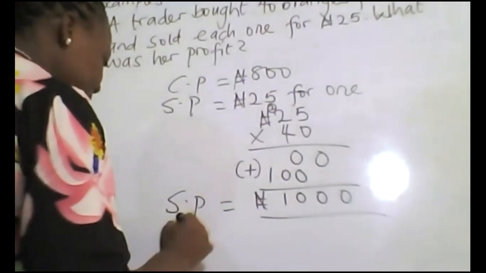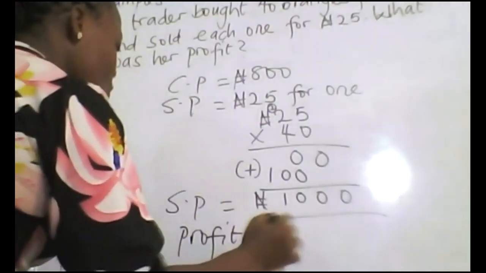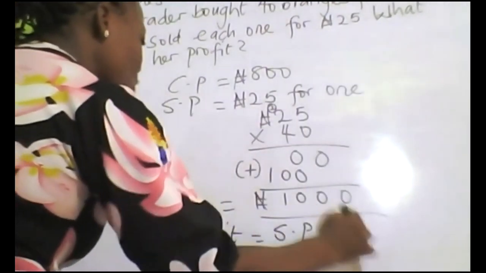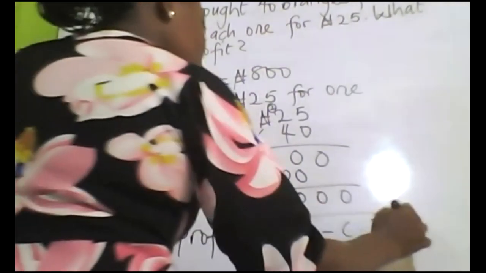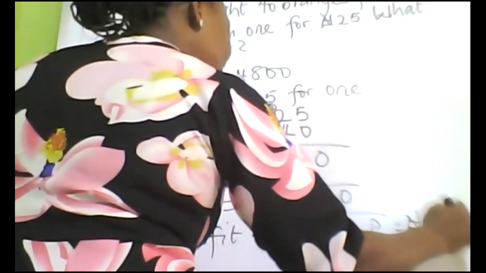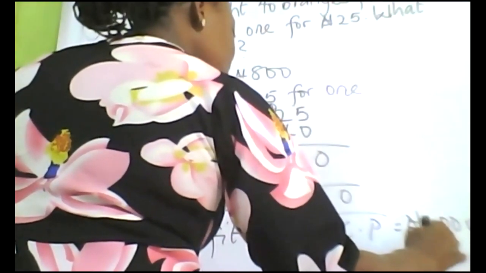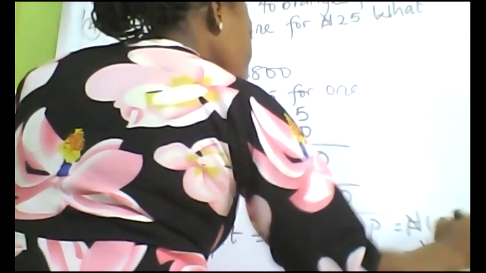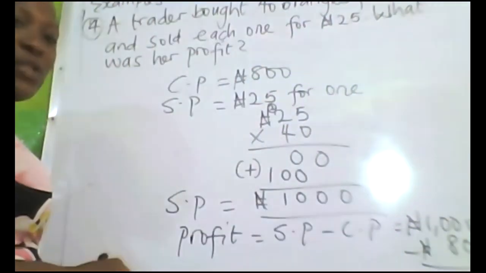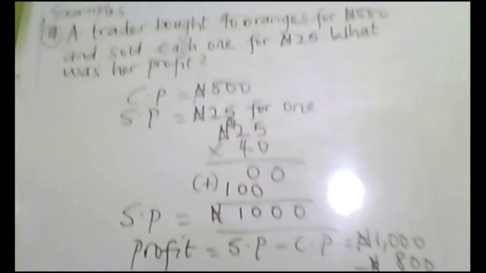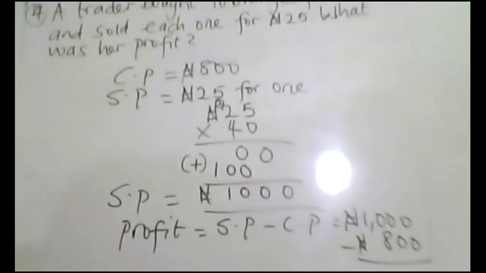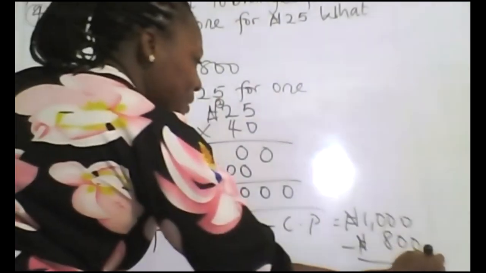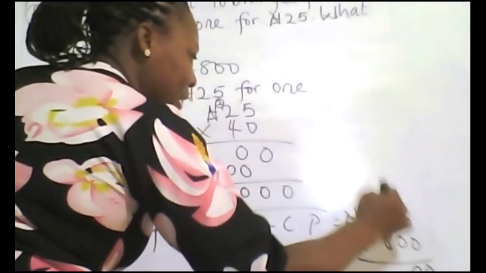Now, profit equals selling price minus cost price, which is 1,000 naira minus 800 naira. 0 take away 0, 0. 0 take away 0, 0. 0 take away 8 is not possible.